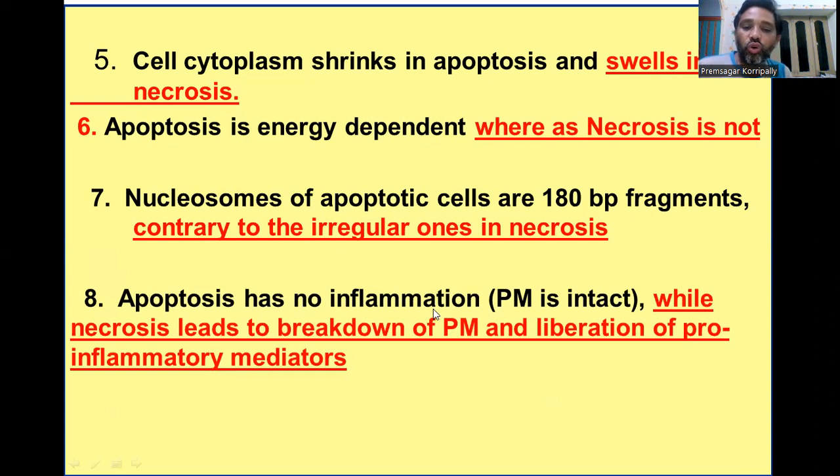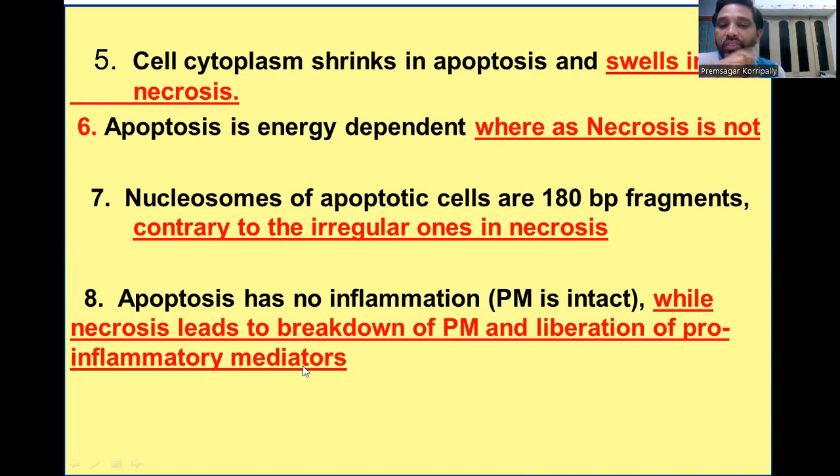Apoptosis has no inflammation. You don't feel pain, or fever, or heat or temperature rising when cells are undergoing apoptosis. That is what inflammation is, right? But necrosis leads to the breakdown of the plasma membrane and liberation of pro-inflammatory mediators.